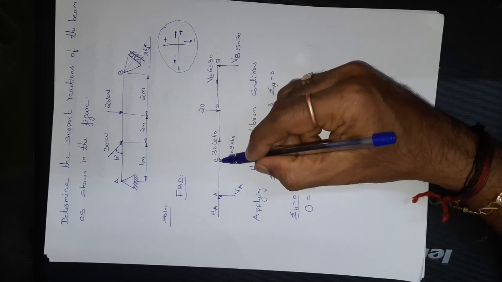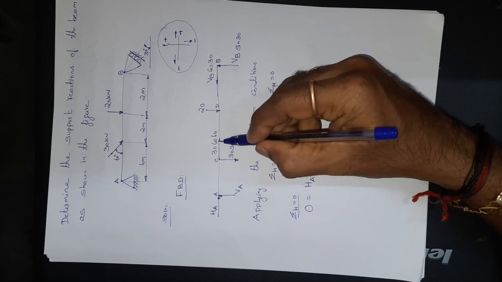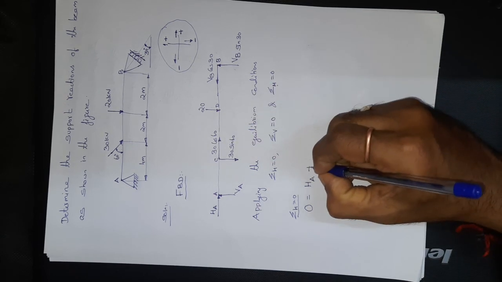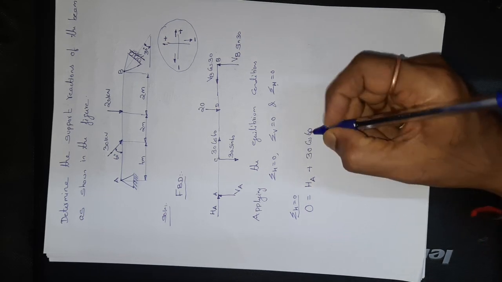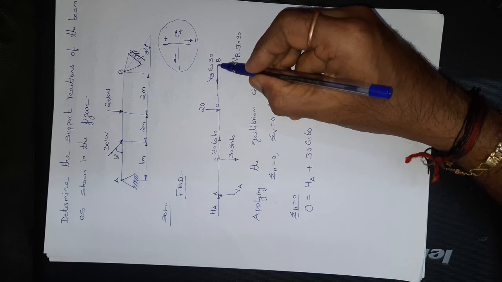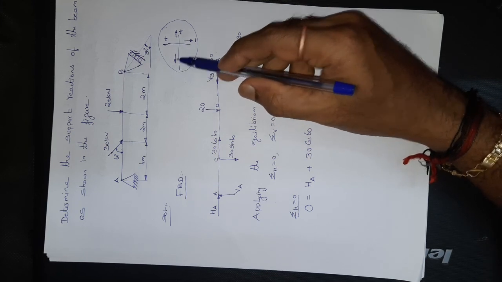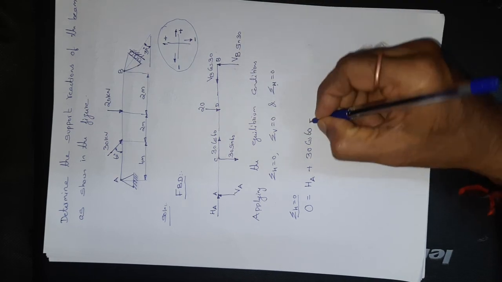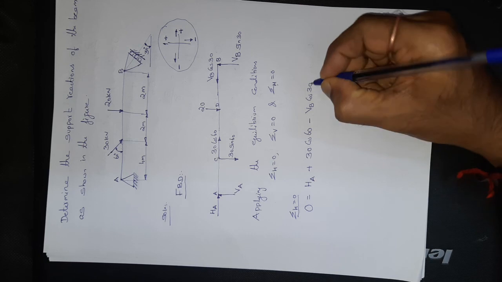Yes. At point C, a force of 30 cos 60, which is acting in the positive x direction. So plus 30 cos 60. Let me just move to D. There is no horizontal force. Let me just move to B, wherein a horizontal force is acting in the negative direction, which will carry a negative sign. VB cos 30.